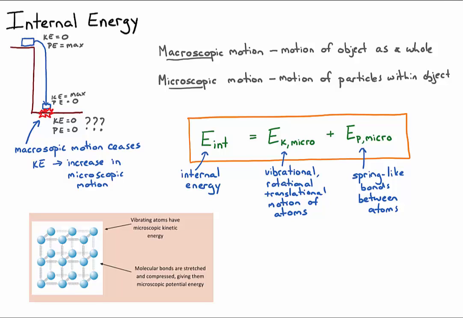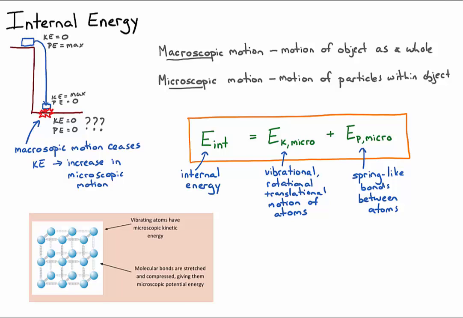Now, we can't see microscopic motion visually, but we can detect the microscopic kinetic energy part of it with a thermometer. It represents its temperature, and we're going to get to that later on.